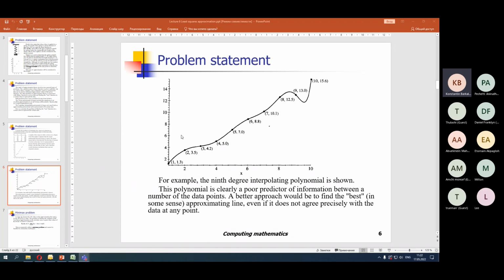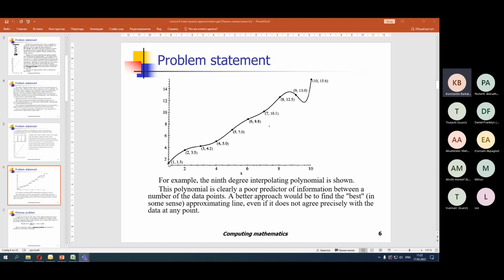We have 10 points. Using these 10 points, we can build a 9th degree interpolating polynomial. And on this picture, the graph of this 9th degree interpolating polynomial is shown.